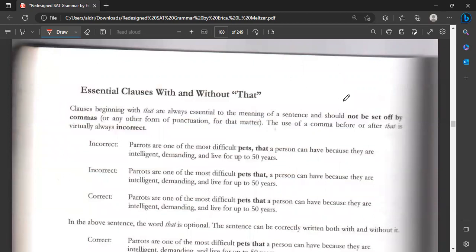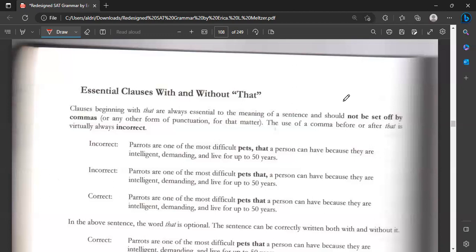Okay, now we are going to look at essential clauses with and without the word "that." This is actually important. One thing I'm going to tell you is that when you see the word "that," the clause is going to be pretty much always essential to the meaning of the sentence.